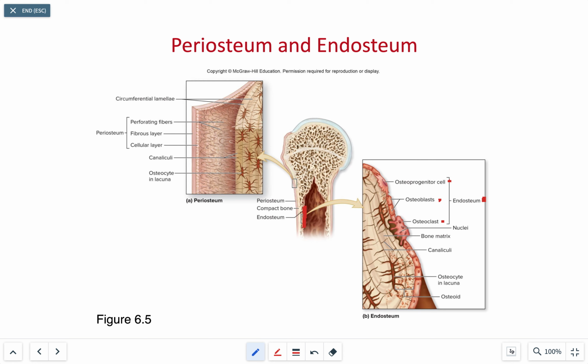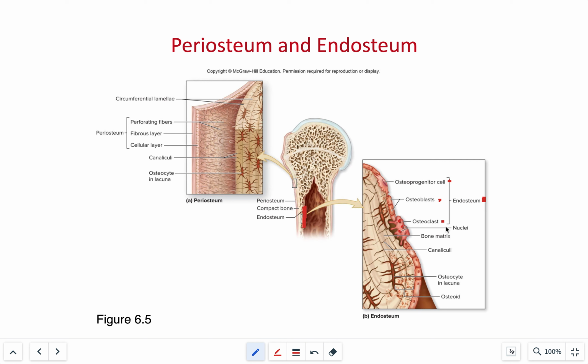And finally, the last cell would be the osteoclasts. These have up to 50 different nuclei. You can see in this illustration that this cell has a series of nuclei, but it can contain up to 50.